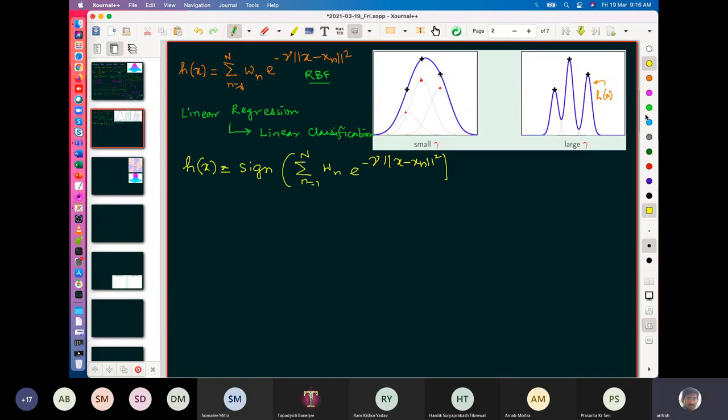Now, we have the training data in our hand, remember, and the training data is nothing but x1, plus or minus 1, x2, plus or minus 1, and so on up to xn, plus or minus 1. So all the yn's are now either plus 1 or minus 1, because we are doing classification instead of linear regression. You know that the linear regression algorithm we can reuse in classification. What do you do?